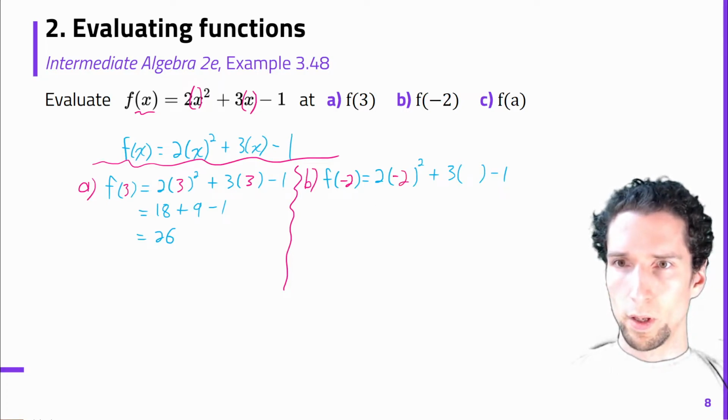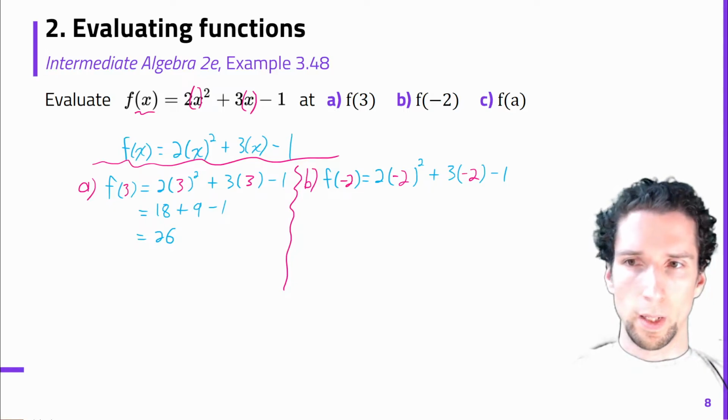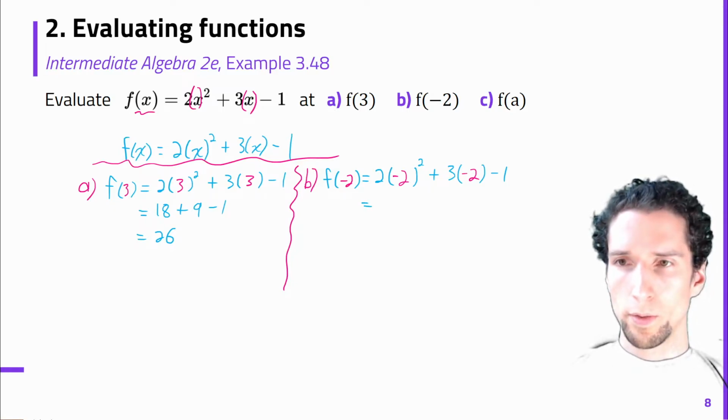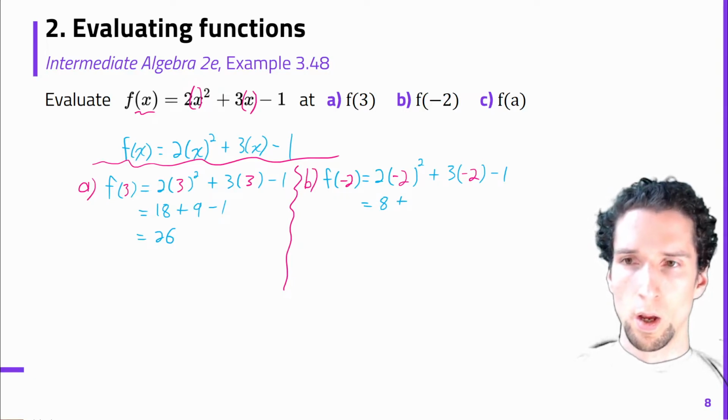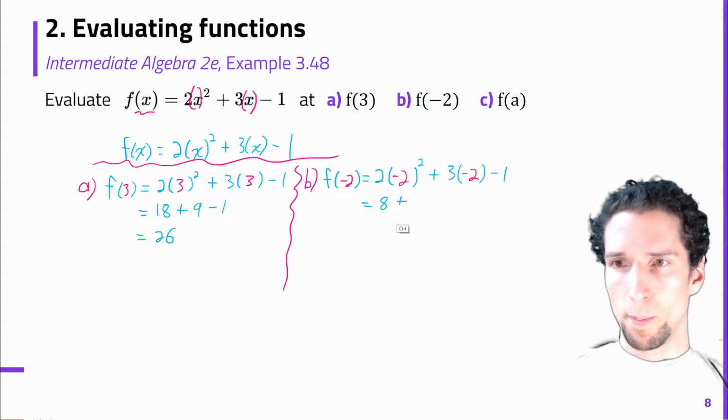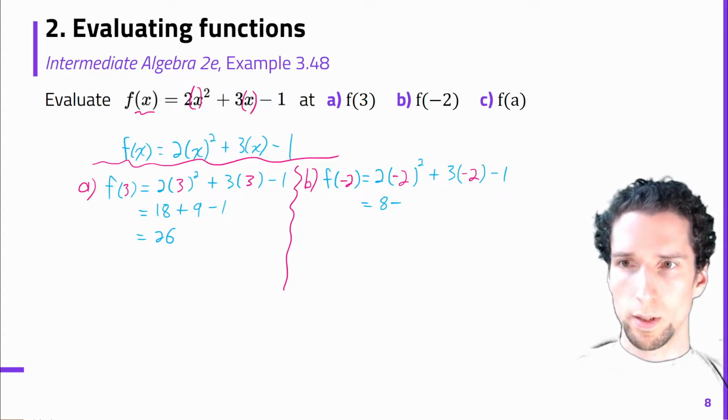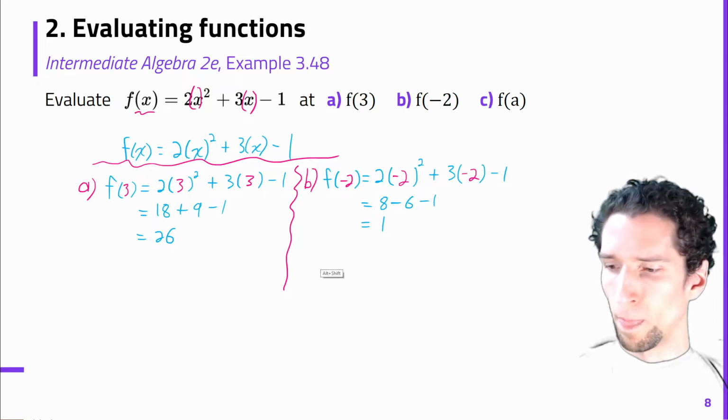Negative 2 and negative 2. And then we evaluate. Negative 2 squared is 4. Positive 4 times 2 is positive 8. This is 3 times negative 2. That's actually minus 6 there, and then minus 1. So the result is just 1.